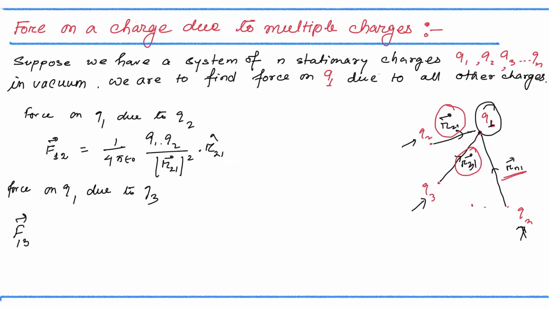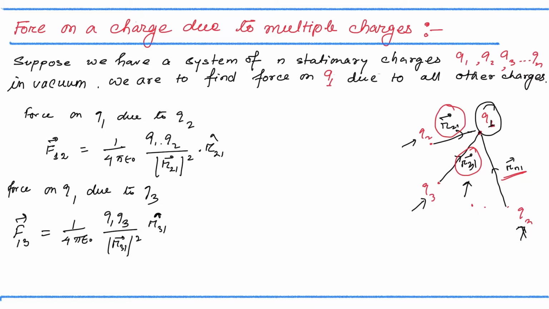Then F13, that is force on Q1 due to Q3, is given by 1 by 4 pi epsilon naught Q1 Q3 by the square of the magnitude of R31, and unit vector R31 cap.